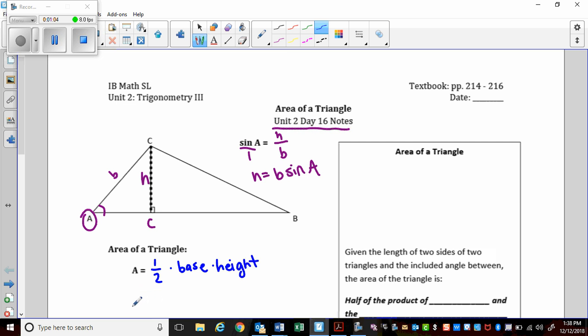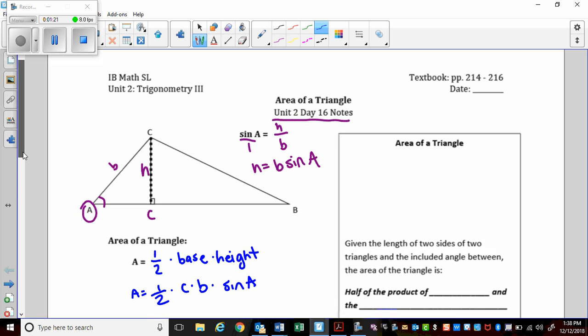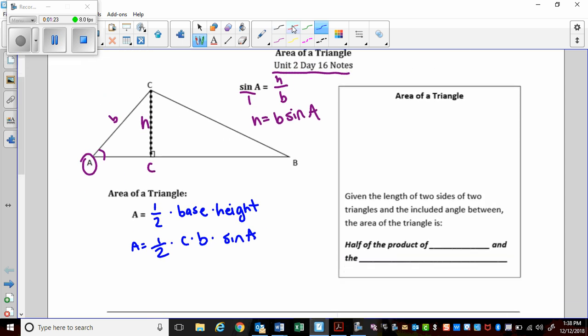Now, my 1/2 is going to stay the same, but the base is now going to be c times the height, which we can find by b times sine of A. You can just combine these. They're multiplying. So this is 1/2 bc sine of A.